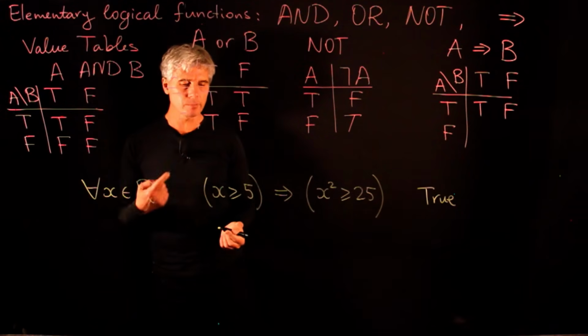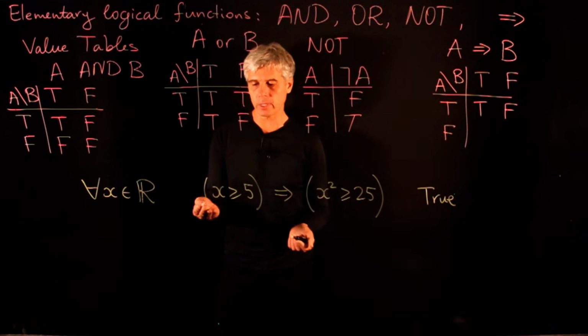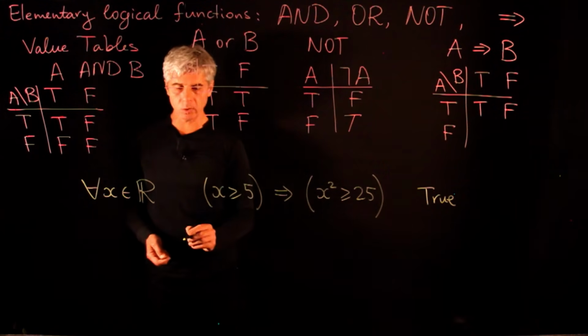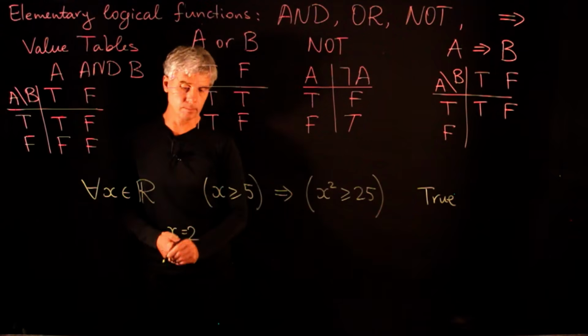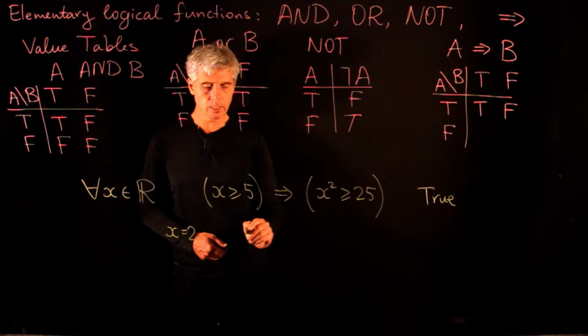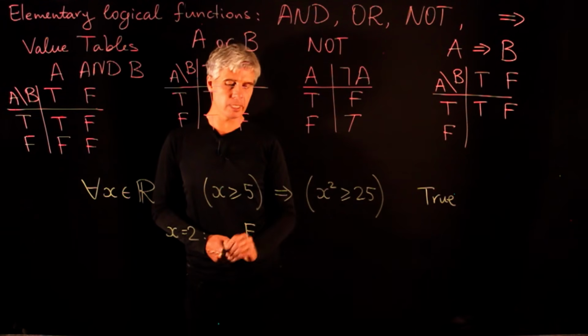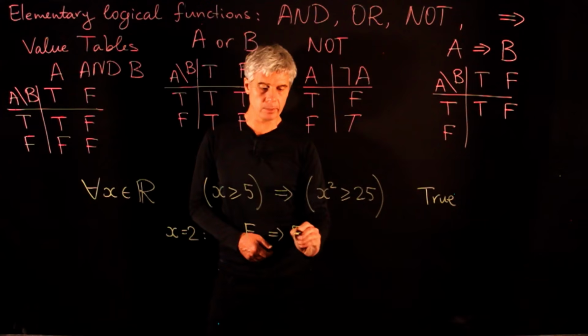Now let us consider a specific value for this real number. So let's take x to be equal to 2. Here, when x is equal to 2, this becomes a false statement, and this becomes a false statement.